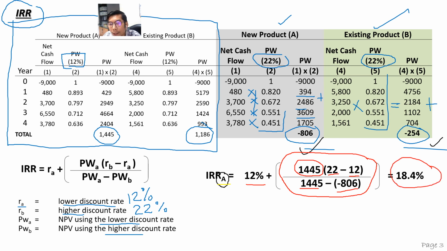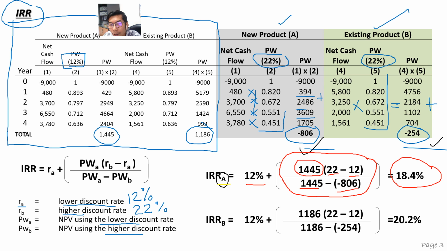Okay, next you apply for product B, existing product, same process, 12%, lower discount rate. Okay, NPV using lower discount rate for product B is 116. Okay, ini pun sama, still the same, higher discount rate minus lower discount rate, 22 minus 12.